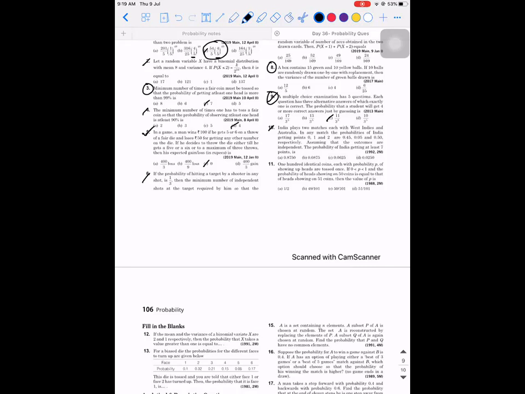So how many matches is it playing? India plays 2 matches each with West Indies and Australia. So how many matches is it playing? 4. So out of 4 matches, India getting 0, 1, or 2. Okay, 0.45 this much. Now tell me, how did you proceed?